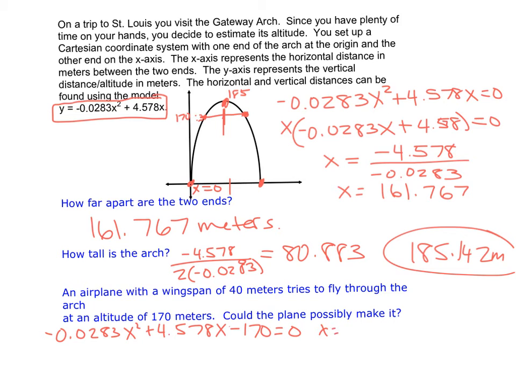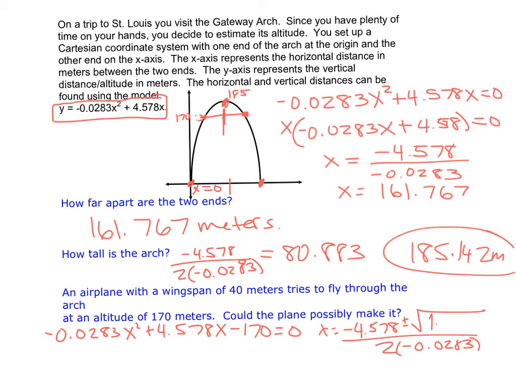All right, so we get negative 4.578 plus or minus the square root all over 2 times negative 0.0283. So this is b squared minus 4ac. 4.578 squared minus 4 times negative 0.0283, negative 4ac times negative 170.